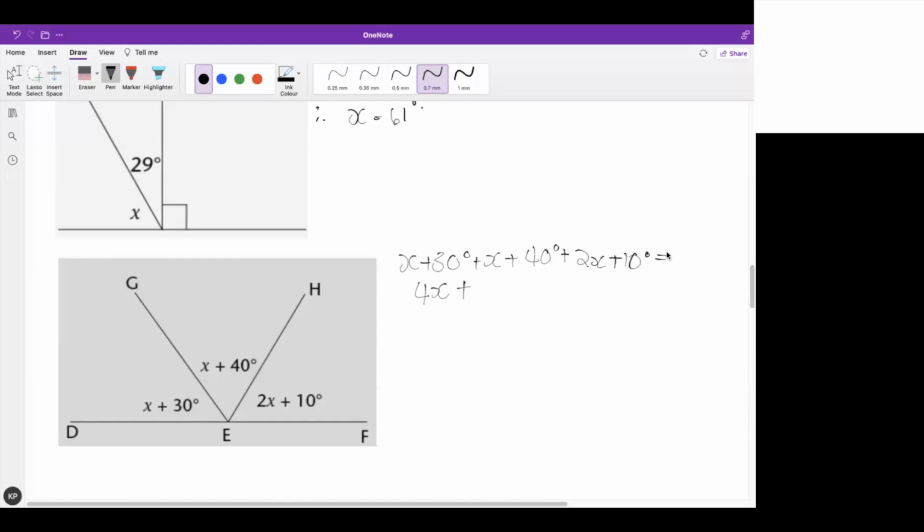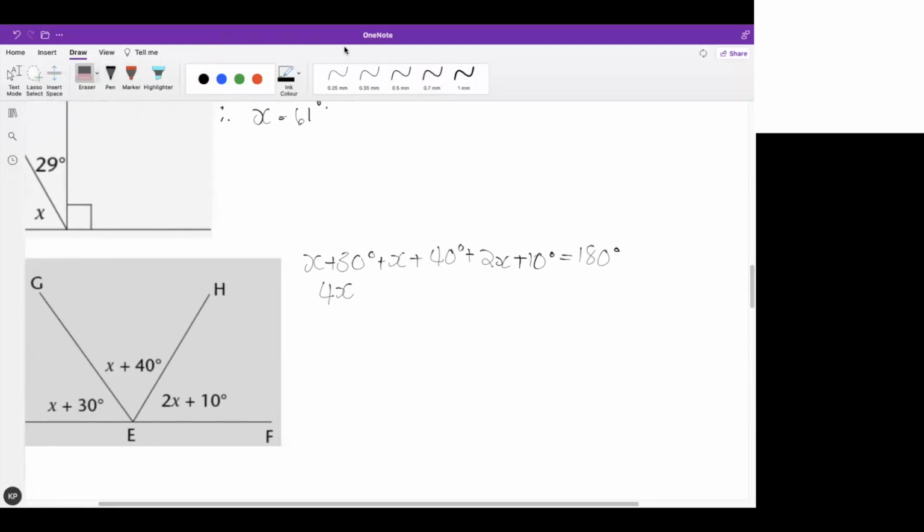Equals 180 degrees. There we go. So 4x, and then x equals 30 plus 40 plus 10, which is 80 degrees, equals 180 degrees minus 80 degrees.